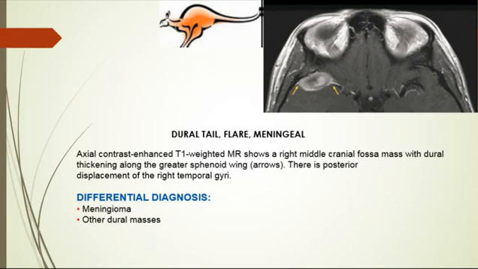Occasionally, some other extra-axial peripherally located masses can show the same appearance, and sometimes intra-axial lesions can involve the dura. Intra-axial lesions involving the dura, or dural masses, extra-axial. What are the intra-axial lesions that can involve the dura?